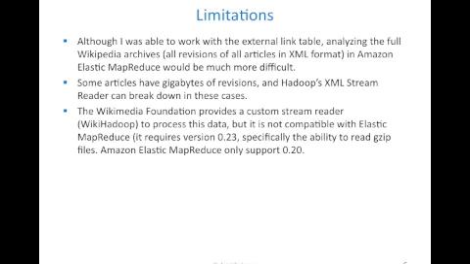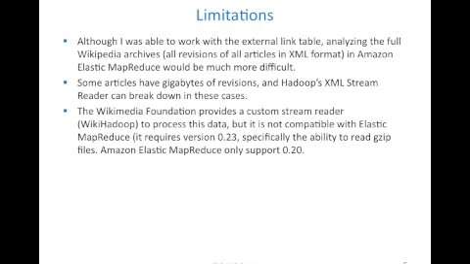So the Wikimedia Foundation has provided some custom software called Wiki Hadoop, which will process this data, but unfortunately it requires a different version of Hadoop than Elastic MapReduce supports.